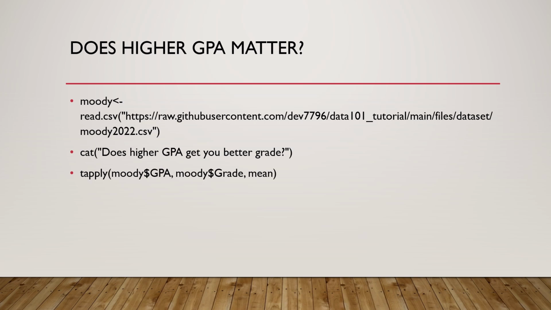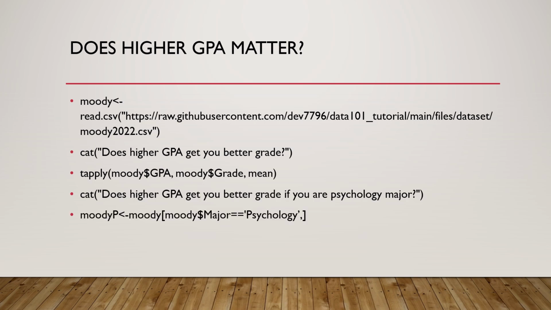Is it the case that the higher the grade, the higher the mean GPA? So that's what this function is going to calculate. We can also do it for a subset, like only for psychology majors. So there is a lot of information we can get using just these very simple instructions.